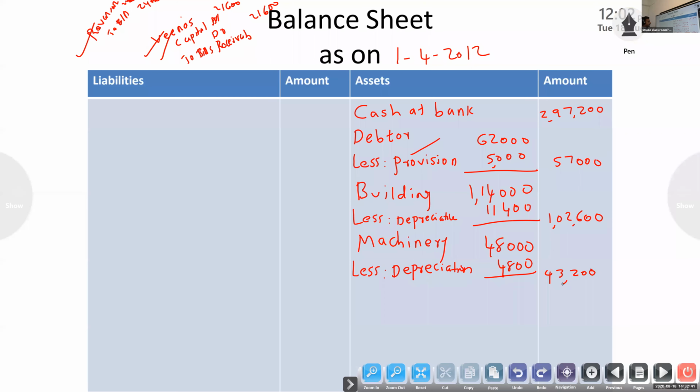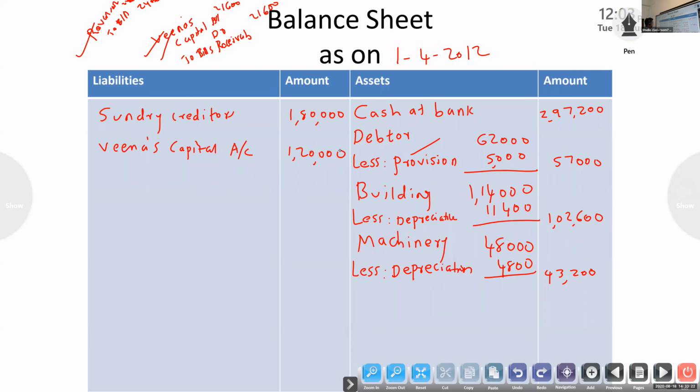Okay. Next, liability side. First item, creditors. Any change? Sundry creditors. No, same amount, 1,80,000. Then we have to write capitals. Veena's capital account, 1,20,000.